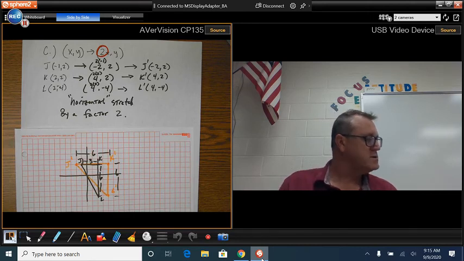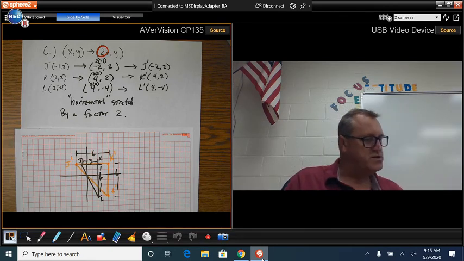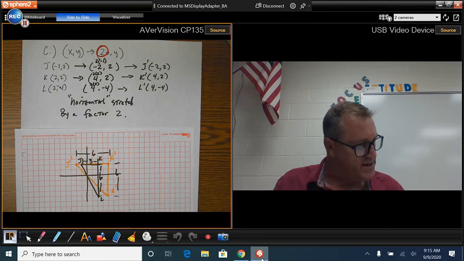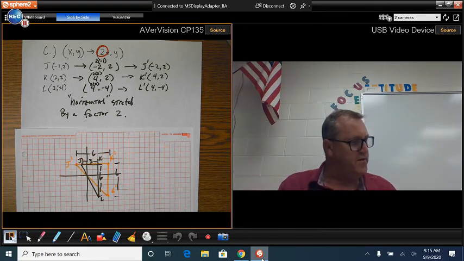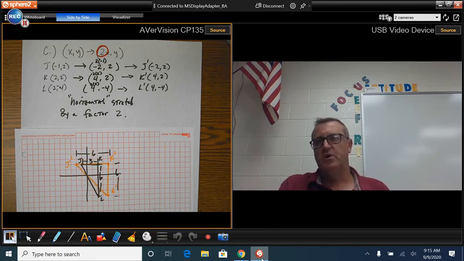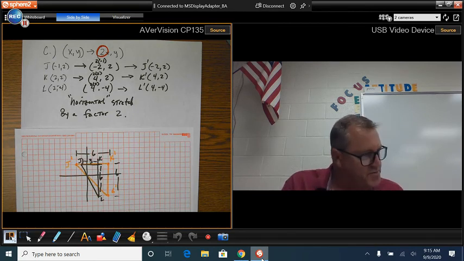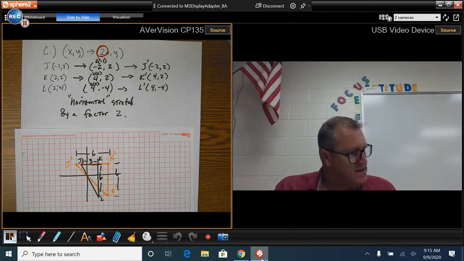Good. All right, let's go to the top of the next page, which is page 33. It says describing rigid motions using coordinate notation. All right, so we're talking about a rigid motion, that it preserves all kinds of different things. Here's the definitions. It says rigid motions preserve distance. Rigid motions preserve angle measure.